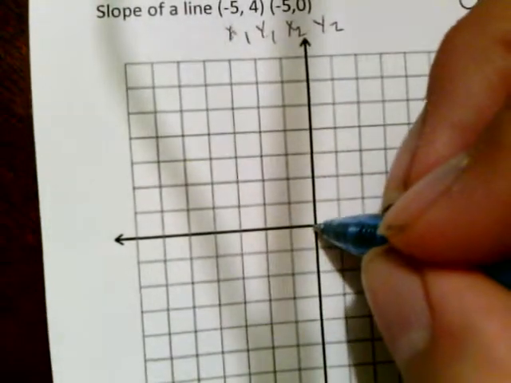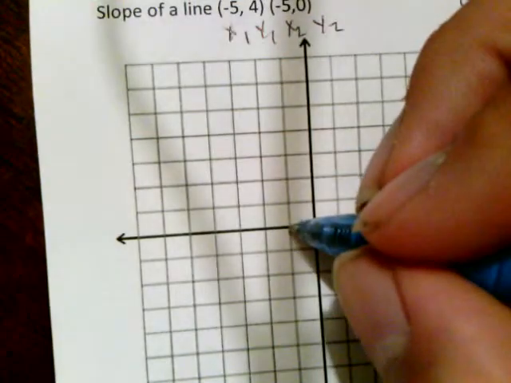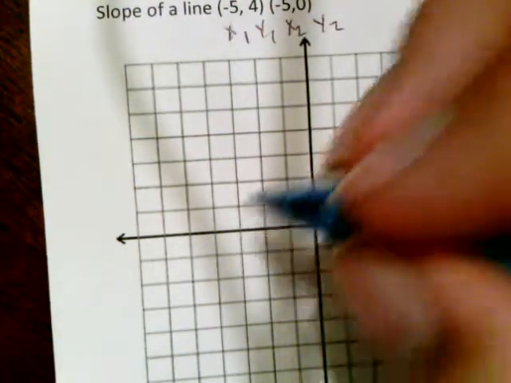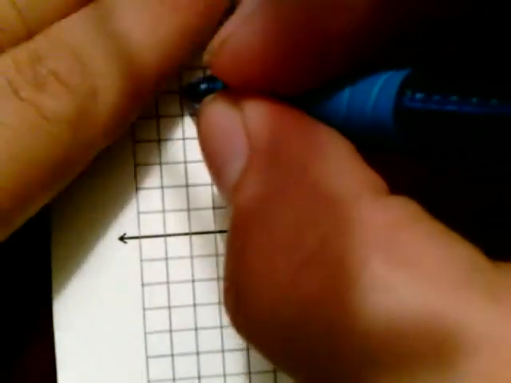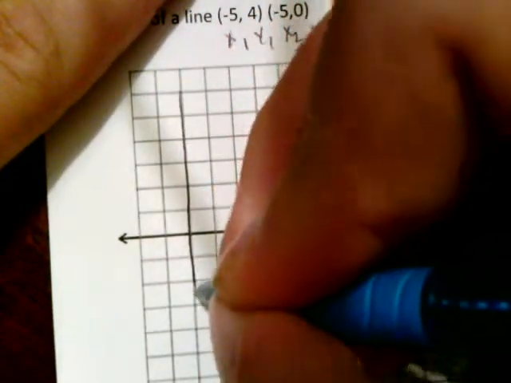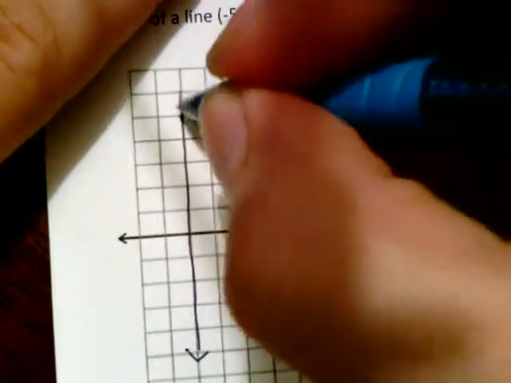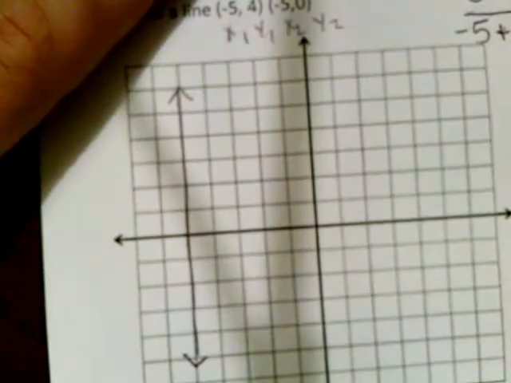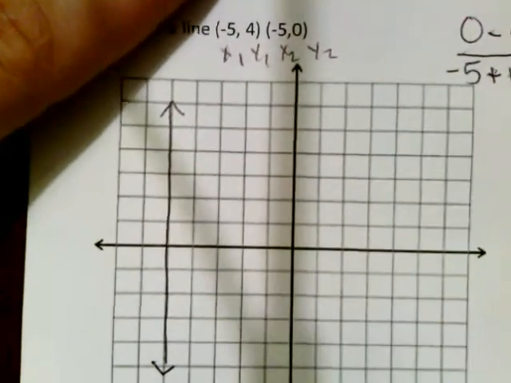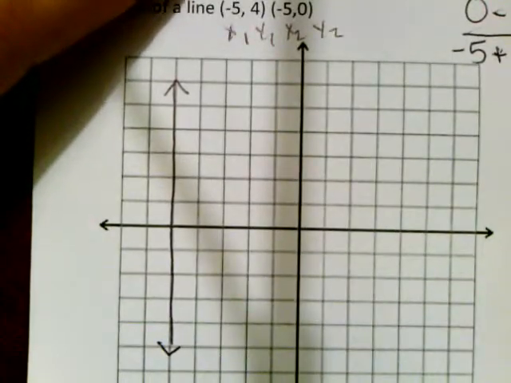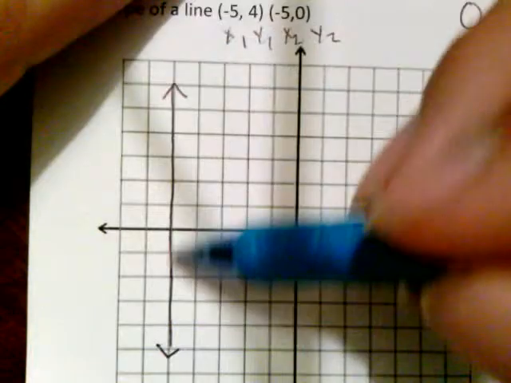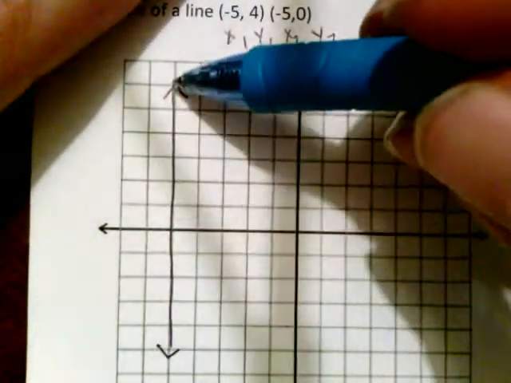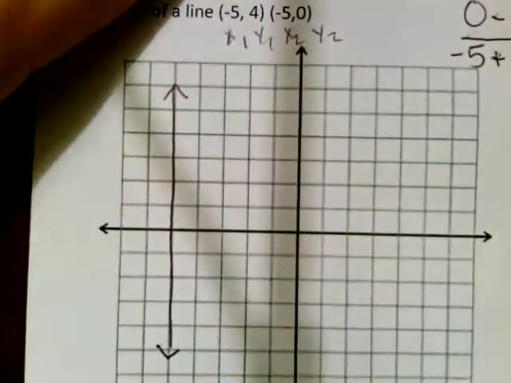So let's find the -5 on the x-axis. 1, 2, 3, 4, 5. There's technically a vertical line where x equals -5. So this is a vertical line. It has no slope. It's undefined.